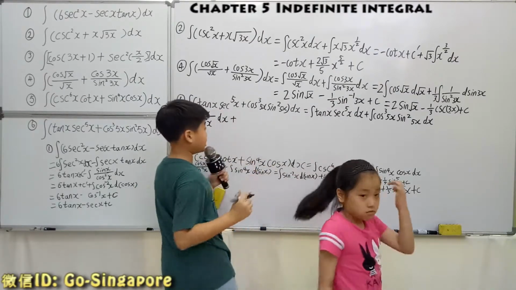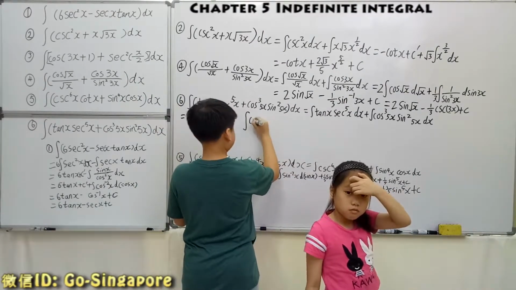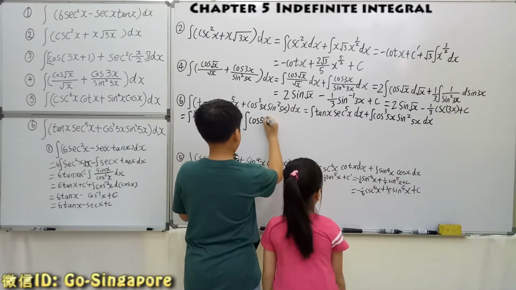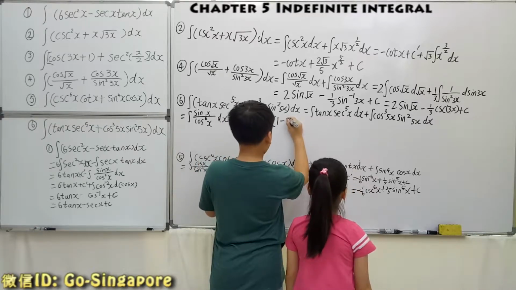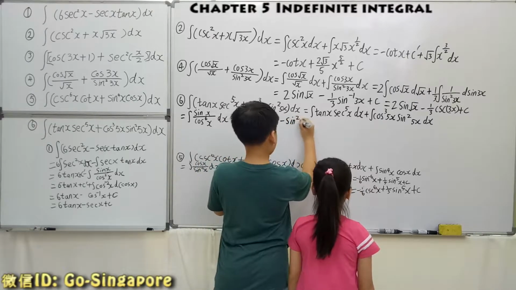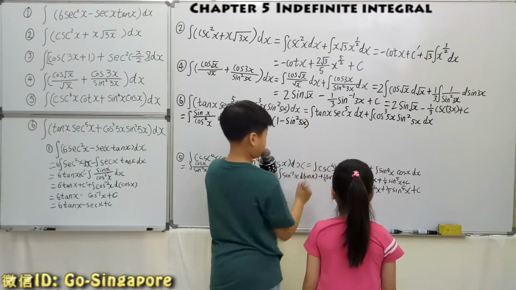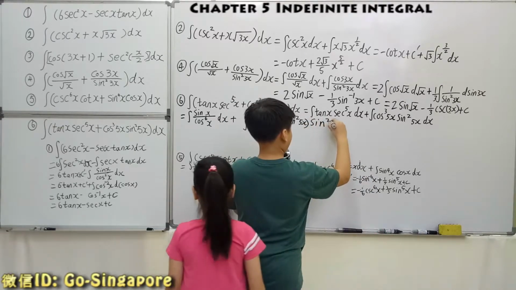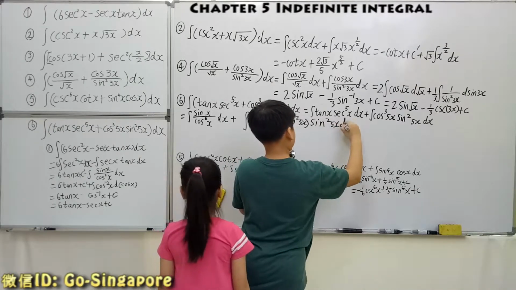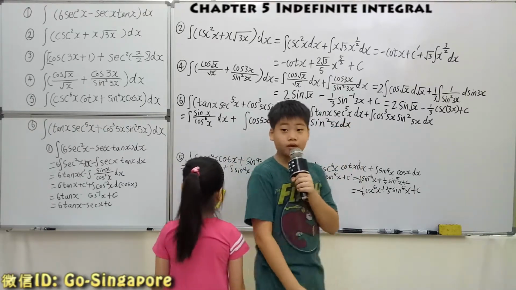Okay, so for this, then your plus, we have this cosine 5x, then this bracket 1 minus sine square 5x, bracket, and then here is the sine square 5x dx, right?